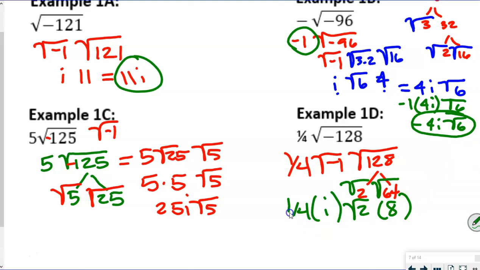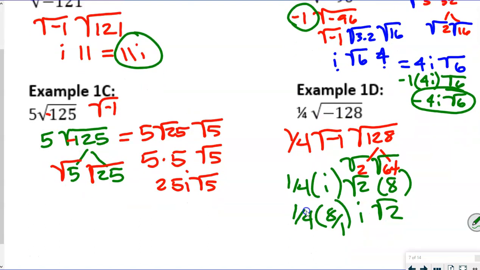Let's do it like this. 1/4 times 8. I square root of 2. So now, can't we do 8 over 1 times 1 over 4? Isn't that going to be 8 over 4, y'all? It is. So this is 8 divided by 4, I square root of 2. So what's 8 divided by 4? Yep, 2I square root of 2. Okay.